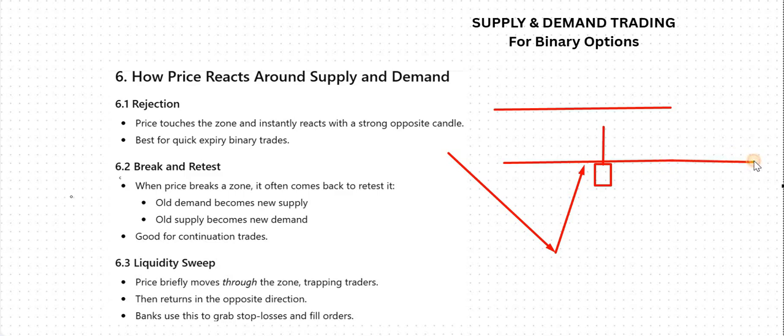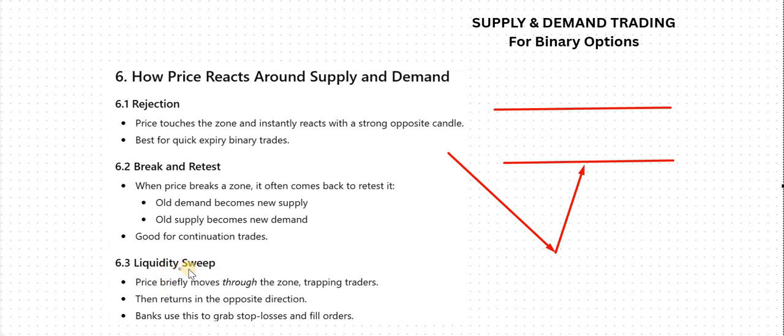This is the first thing you get. The rejection can also come not only from here, you can also get the rejection from here as well. This is what you can get. Or you get the rejection from here as well. With that, this is when the zone has been formed. You get rejection, then you know you are seeing a complete zone. Then the next thing you do is the break and retest, but I will talk about this lastly.